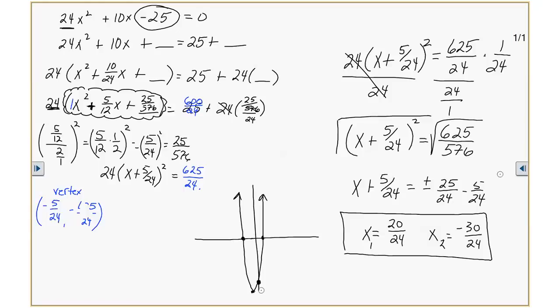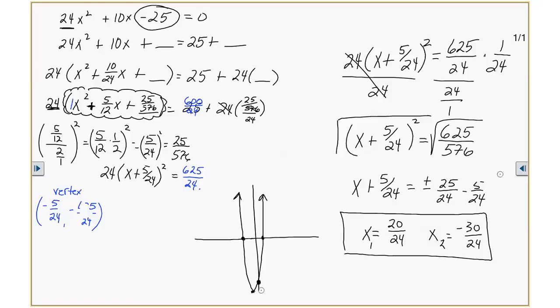Now, to answer your question, this is how you should do all quadratics in calculus, unless you're told specifically this is just extra practice. In other words, if you're given a quadratic, if you use complete the square and you do everything that I do here on every single problem, then it'll be second nature.